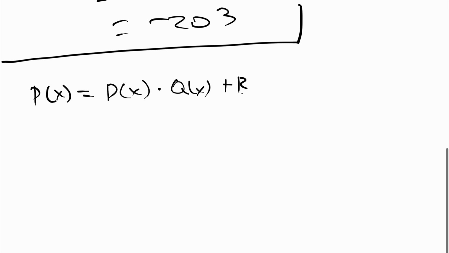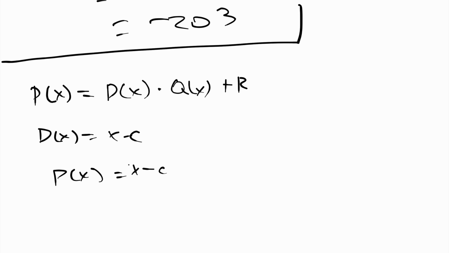The remainder here is independent, okay? So if our D of X is X minus C, a linear divisor, then we can say P of X equals X minus C, in brackets like this, multiplied by Q of X plus R, okay?